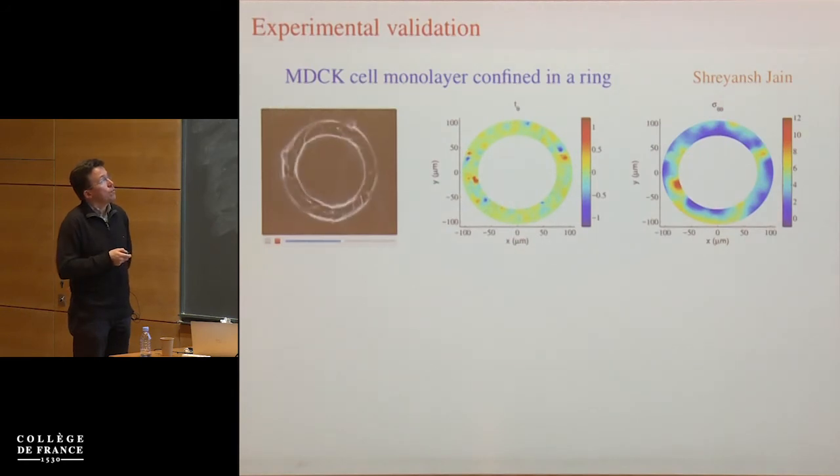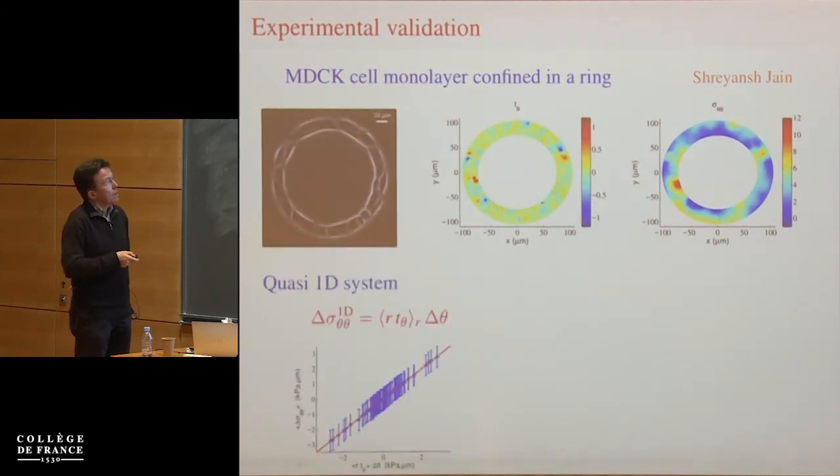The other is to use the integration of the mechanical balance in order to obtain directly the value of the stress from integration, so the average of T theta across the width. What you see on this graph is that the agreement between the two is excellent, which further validates the method, the Bayesian inversion method, from experimental data.